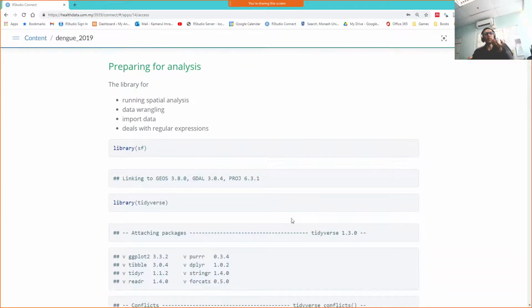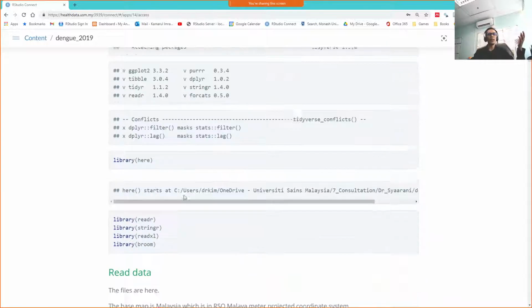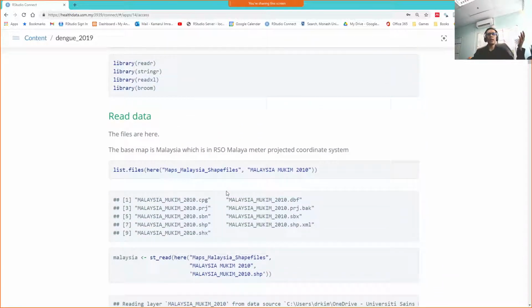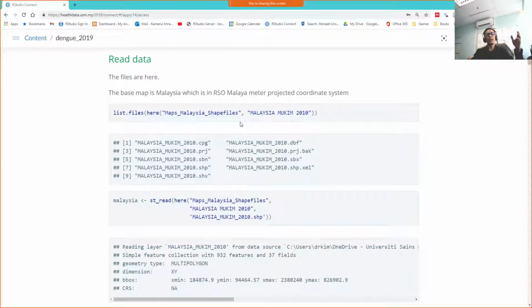So I use R. I call library sf, tidyverse, and then the polygons, the map of Malaysia that was provided by DOSM, is named like this lah, Malaysia Mukim 2010. It is a shapefile, the default format for ArcGIS lah.